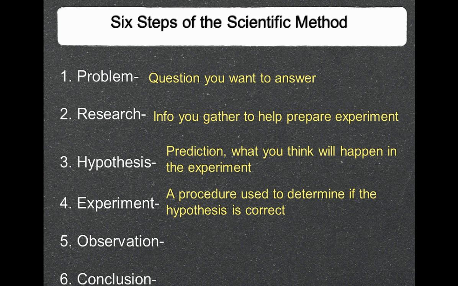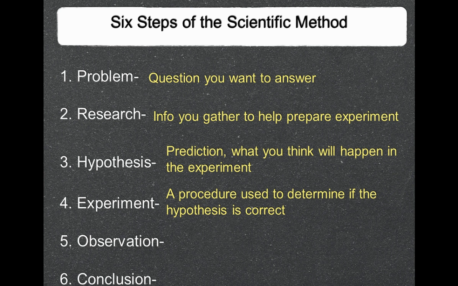So we set up this test. It may take 20 minutes, it may take 24 hours, it may take 6 weeks, depending on how we set up our experiment and what we're actually studying. As the experiment is going along, we need to make some observations.